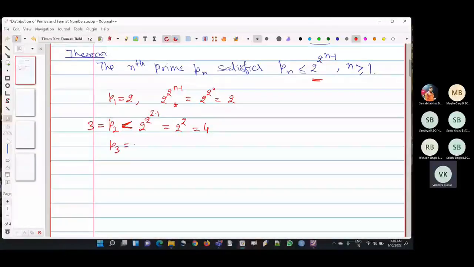Then P3 is 5, and 5 is less than 2 to the power 2 to the power 3 minus 1, that is 2 to the power 4, which is 16. Similarly, P4 is 7, and 7 is less than 2 to the power 2 to the power 6.